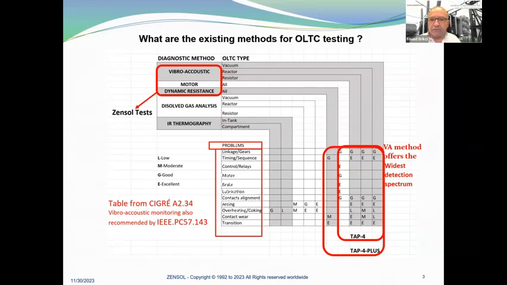And now if you take, for example, the overheating coking, you can see that it's excellent for the dissolved gas analysis. But for the vibroacoustic, it's low. Why? It's because it's a silent problem. It's not noisy. But in exchange, if you see the timing sequence, you can see that the vibroacoustic and the dynamic resistance are excellent.